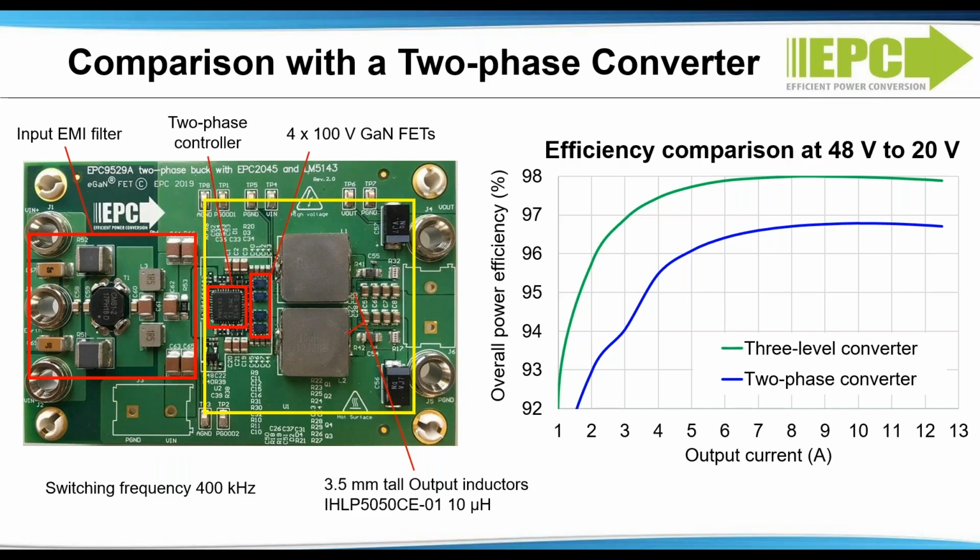What is the maximum switching frequency possible with GaN FETs? Well, we have some customers that are doing resonance switching at a couple of 100 megahertz. We also have some customers that are doing hard switching at 70 to 80 megahertz.